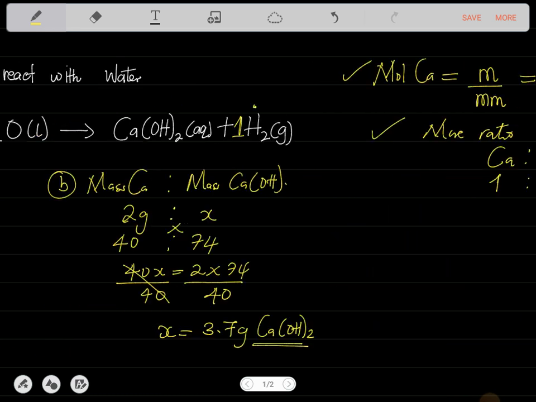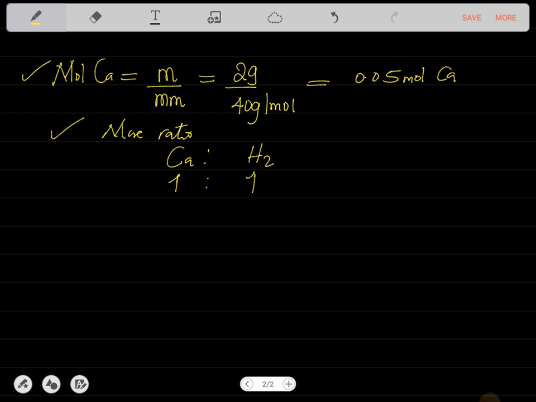There's also just 1. But how many moles have you calculated for calcium? I've calculated 0.05. What about for hydrogen? Well, you can clearly see that here the ratio is the same. It's 1 to 1. Are we together, right? So automatically hydrogen also has the same number of moles because the ratio is the same.